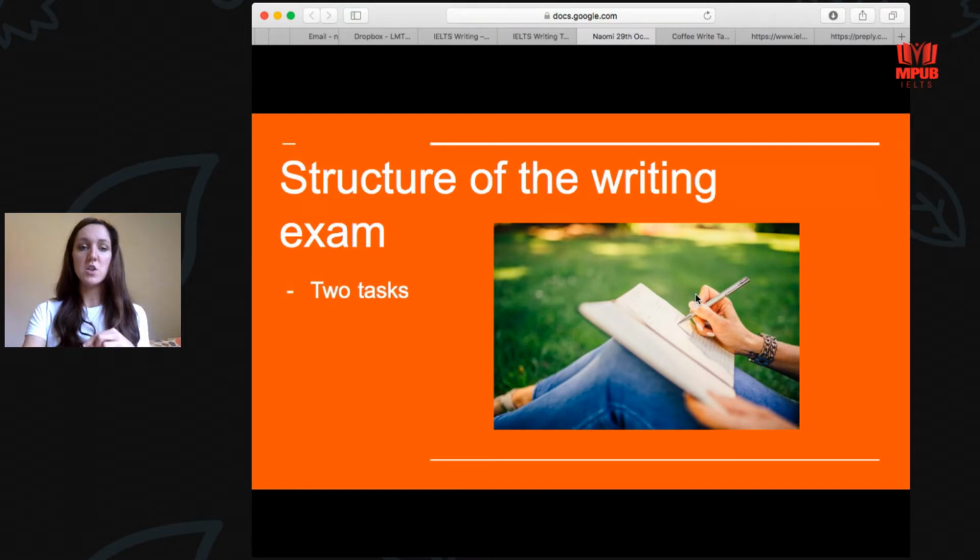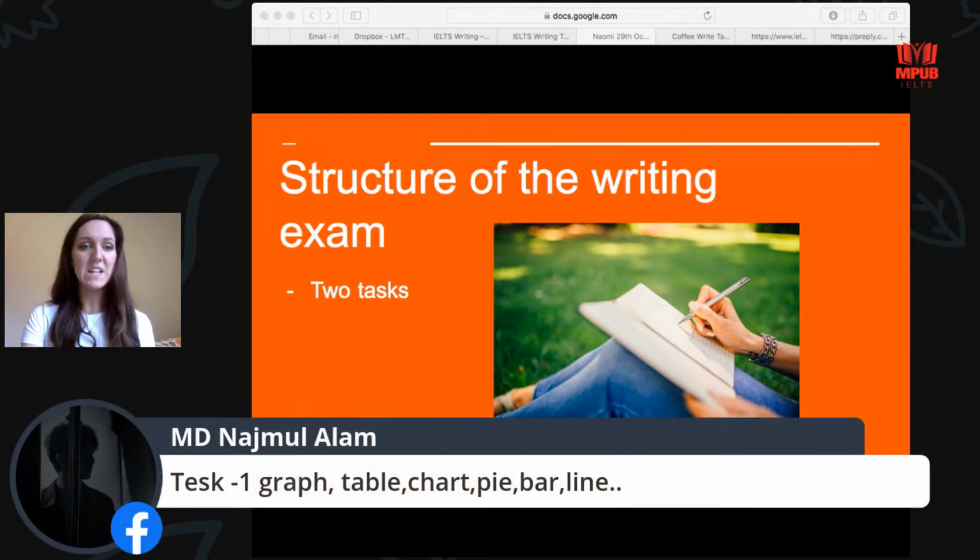Good. So in the structure of the exam, fantastic. We've got some people saying already, task 1, spelt with an A, task. Task 1, graph, table, chart, maybe pie chart, bar chart, or line graph. Great suggestions there, Najmul.